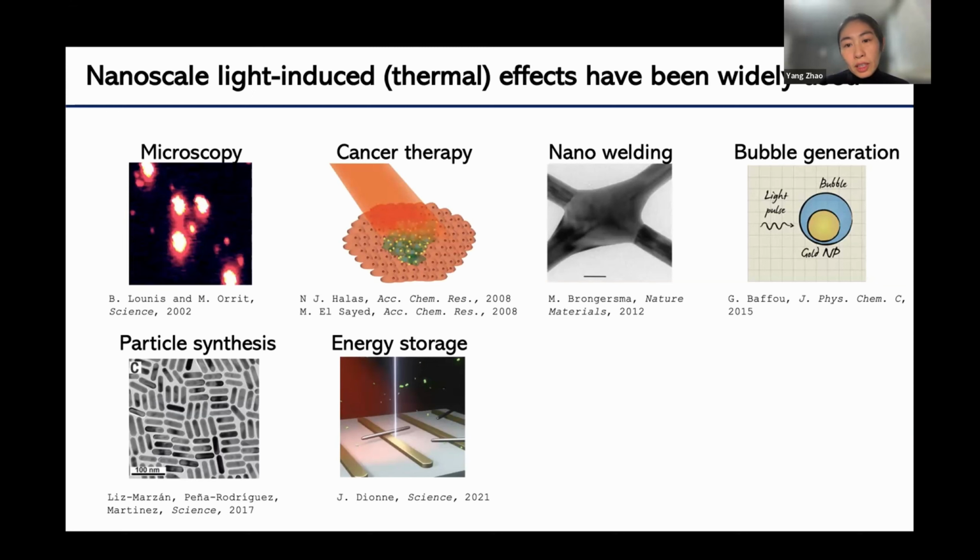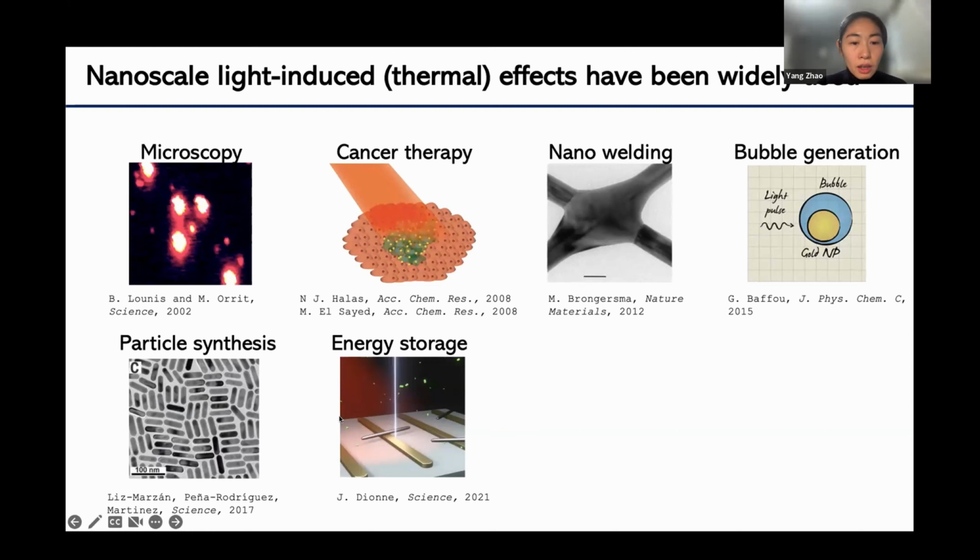The photothermal effect has also been applied to nanoscale welding, shining light onto nanowire junctions, so you can create welds with very low loss at the intersections. Different groups in France, the Vos group, also studied how to use nanoparticles and the photothermal effect with pulsed light to generate bubbles at the nanoscale.